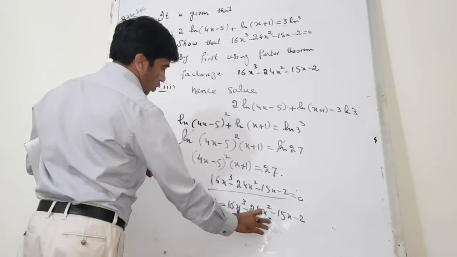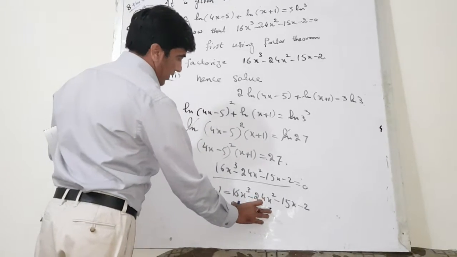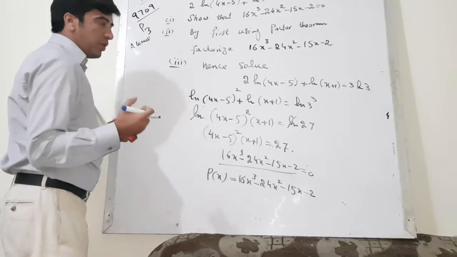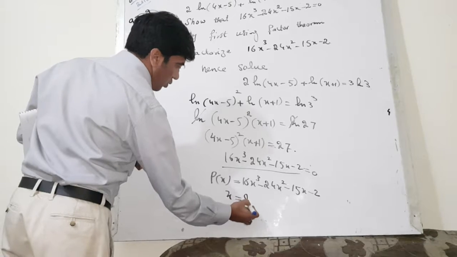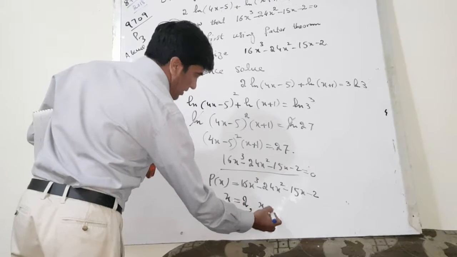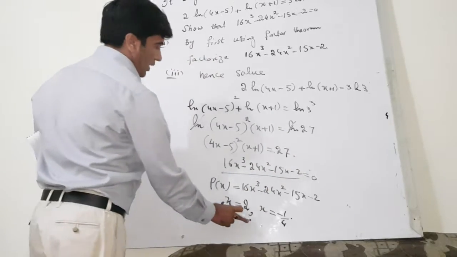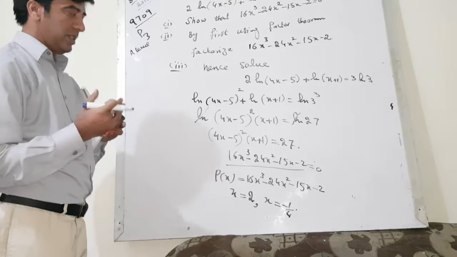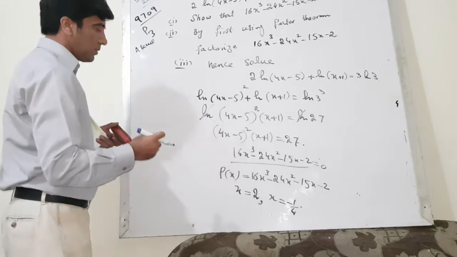If this is the polynomial, then you can use the hit and trial method to find the values of x which would be used as a factor. One value is x = 2, and the other value is x = −1/4. To find these values, you can take help from the calculator. As you know, in paper 3, calculators are allowed.